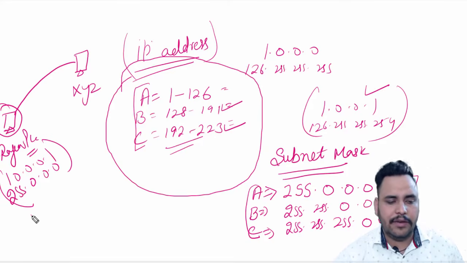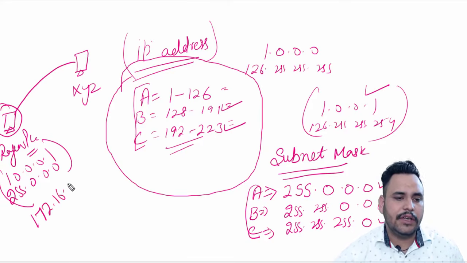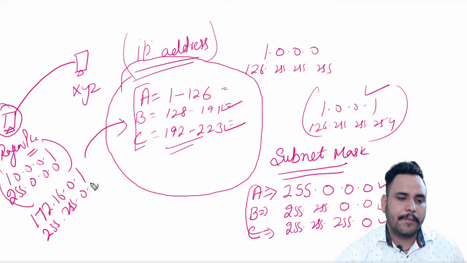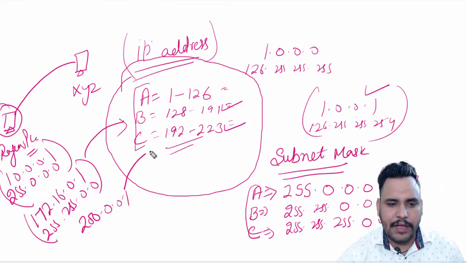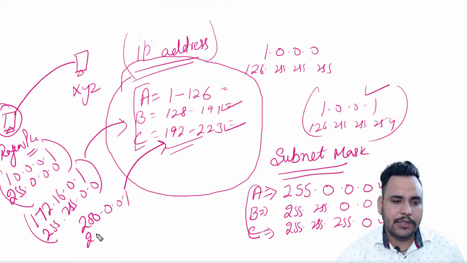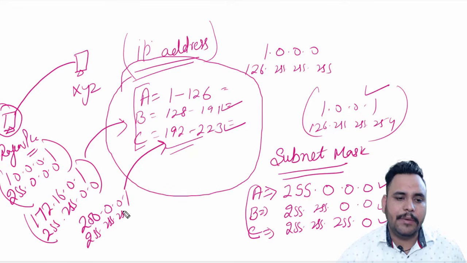If Rajeev gives 172.16.0.1, it is in the range of B class, so Rajeev will get the B class subnet mask. And if anybody uses 200.0.0.1, we know it is in the range of C class, so we will get that subnet mask.